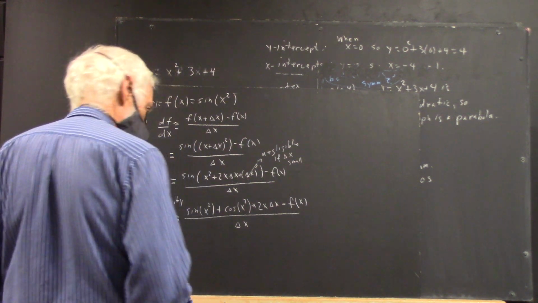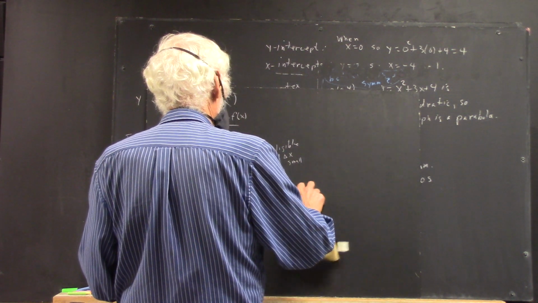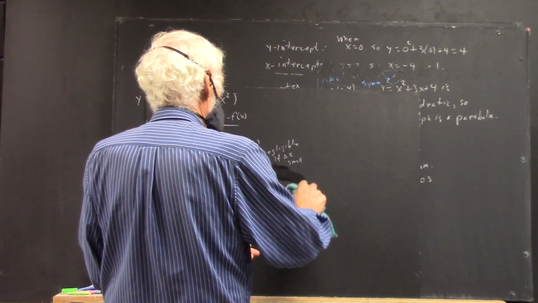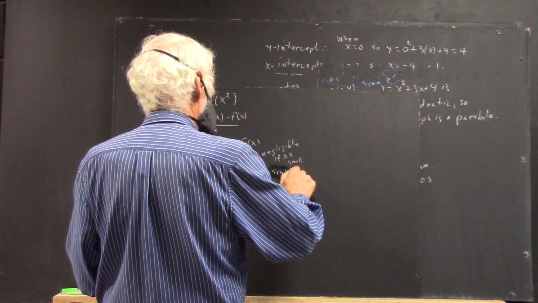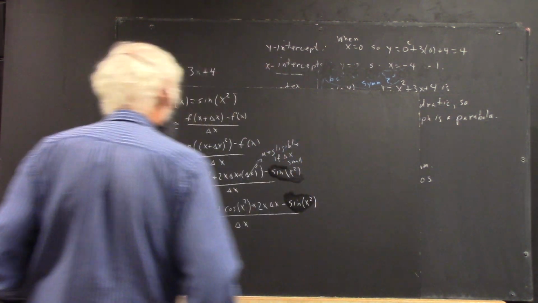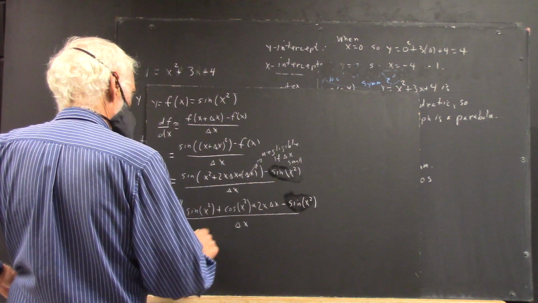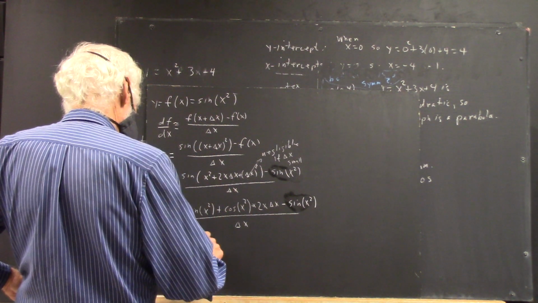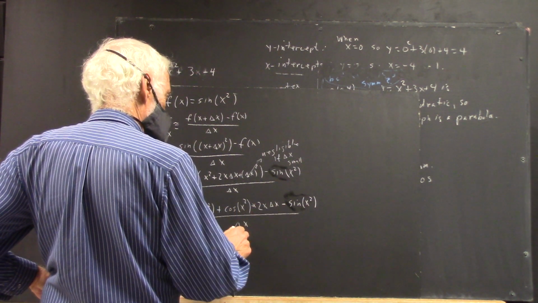Well, f of x, and I probably should have written it out that way, both here and here. F of x is just the sine of x squared. So now we have a sine of x squared minus a sine of x squared. Well, that just leaves us a cosine of x squared up here. So we have 2x times the cosine of x squared times delta x divided by delta x.